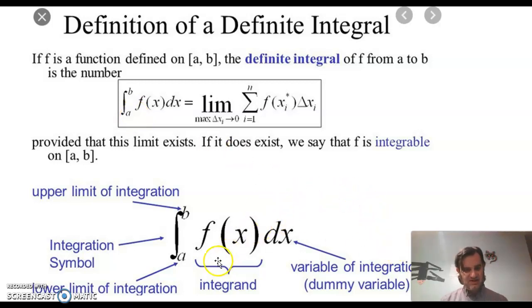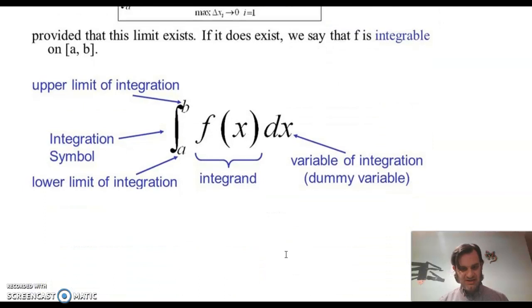And there are names down here. The function is called the integrand. The dx, I said that was a width, and that's what it is. dx means change in x, the difference in x. And if you happen to have multiple variables in a function, the dx tells you that x is the one you're really measuring everything in.